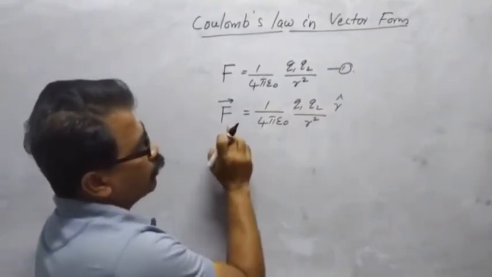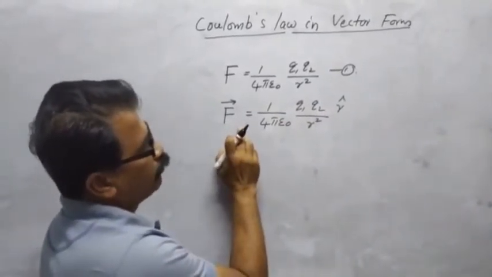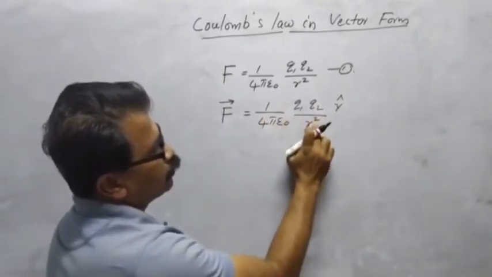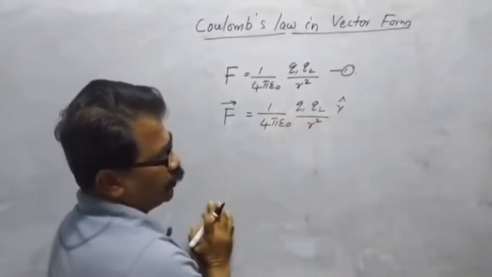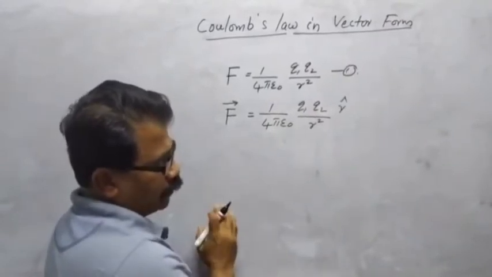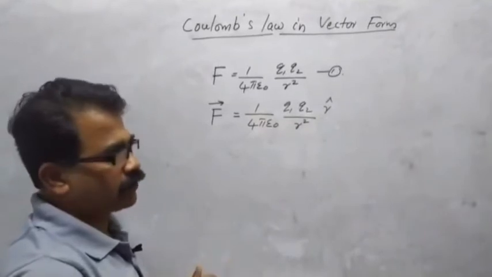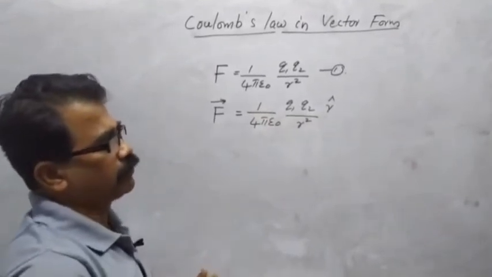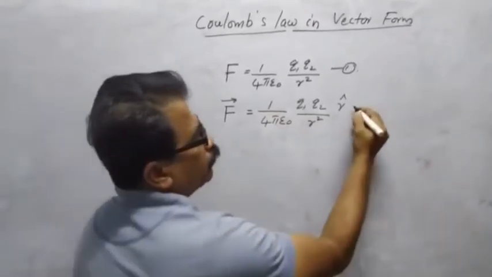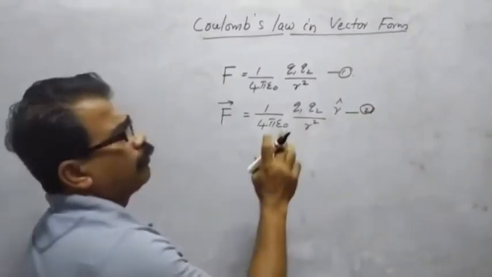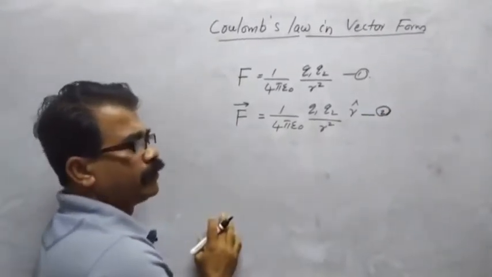So, this is one of the representations of Coulomb's law in vector form: vector F equals 1 by 4 pi epsilon 0 q1 q2 by r square cap r. In the first year you learned about vectors, their representation and various properties. So, this can be treated as equation number 2. What is cap r? It is the unit vector.